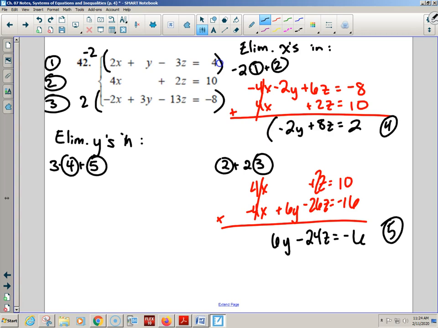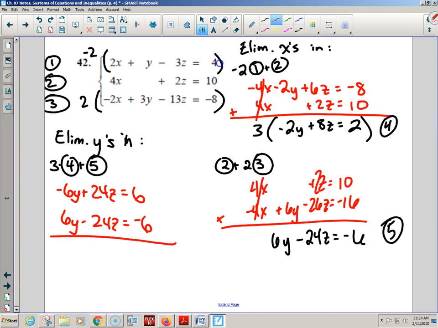Okay, so multiplying this by 3, I end up with negative 6y plus 24z equals 6. And 6y minus 24z. Do you see it? Zero equals zero. It's a true statement. So true statements mean infinitely many, but that doesn't mean all points in space. It still only selects ones where they intersect.